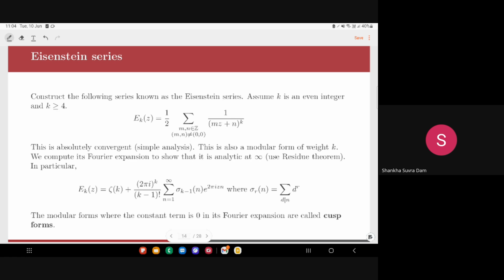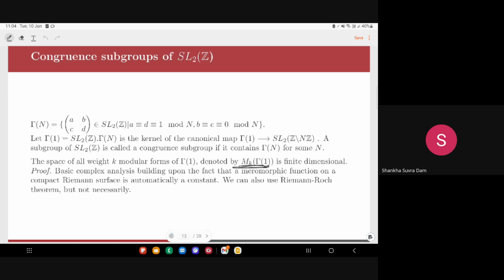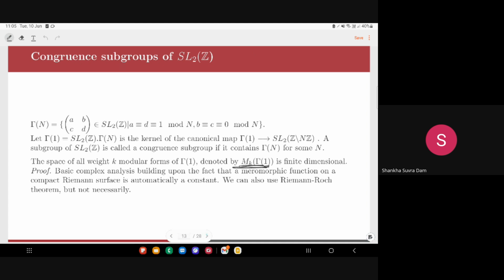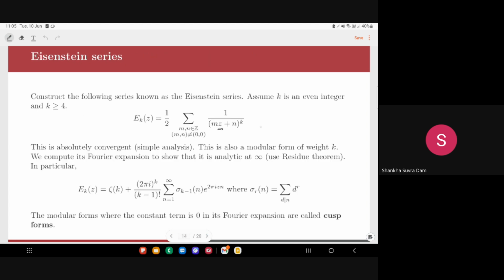Replace z by that thing over there, and you will get that cz plus d is coming out, and the other terms would just be a permutation of the integers. That's also quite easy to find out.